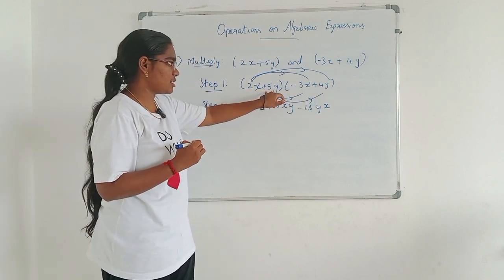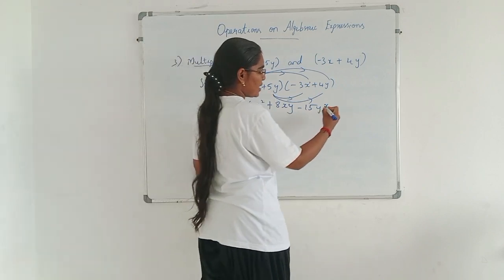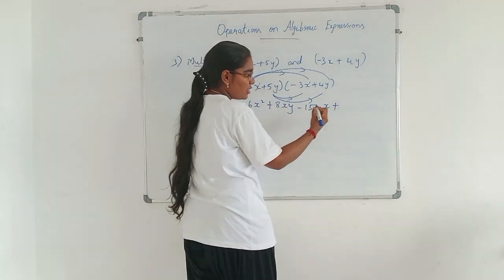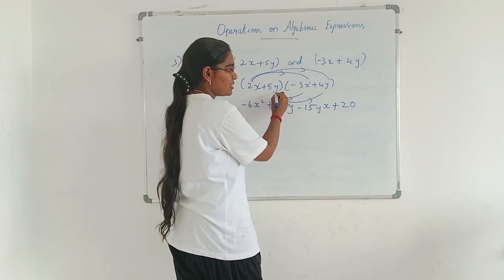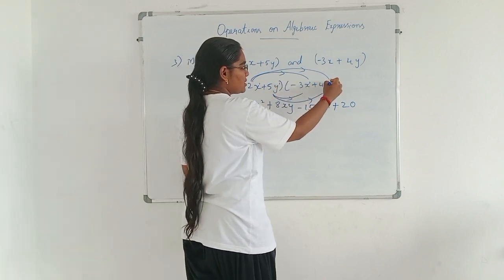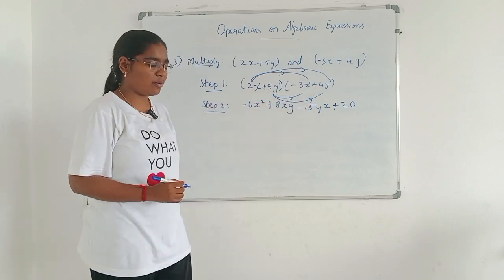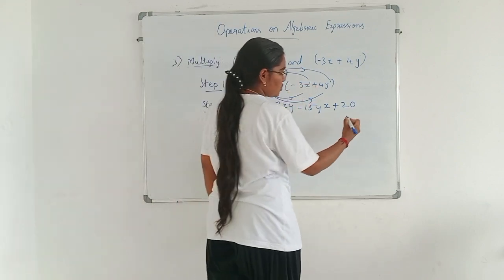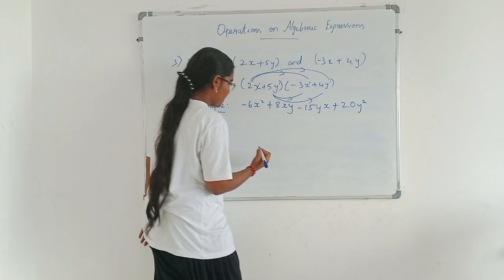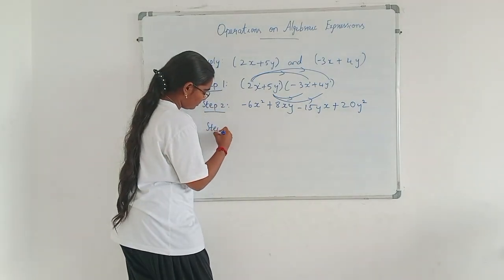Next, this term with this term. This is 5, this is 4, this is plus, this is plus. So plus plus plus 5 fours are 20 and this is y. The exponent is 1. Same base in multiplication format. So y into y square. Okay. Next, step number 3.